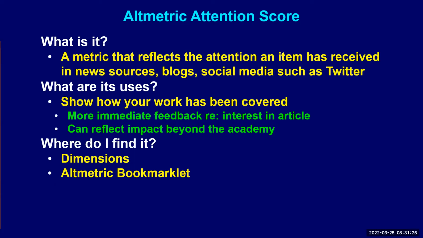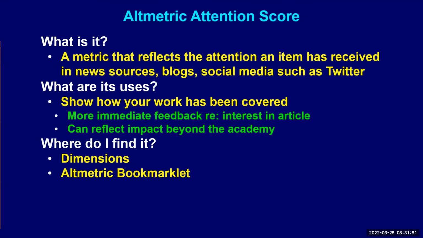The Altmetric attention score incorporates things like the number of times your article was mentioned on social media or covered in a news source. This differs from more traditional metrics in a couple of ways. It gives more immediate feedback about the interest in an article.